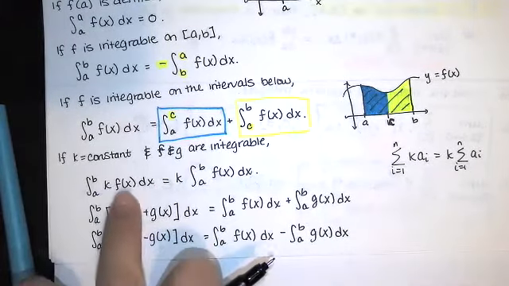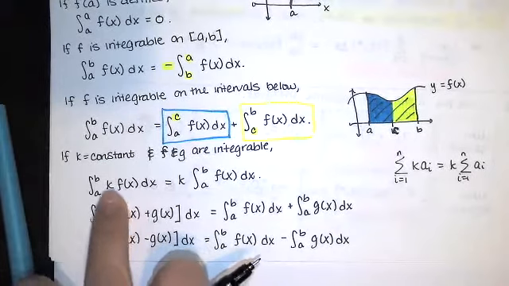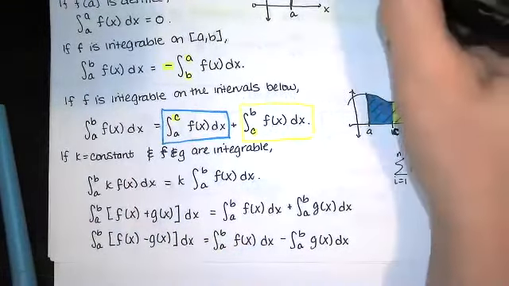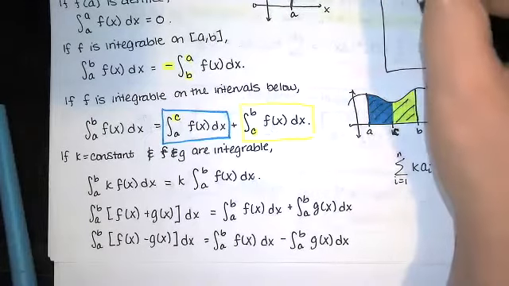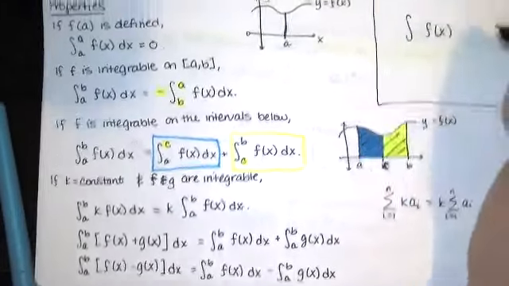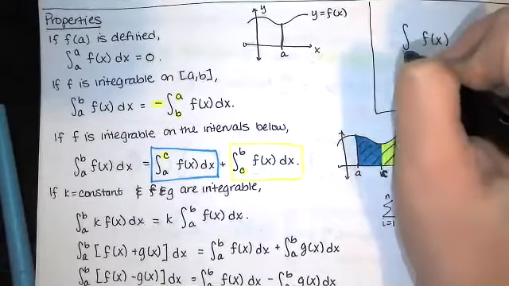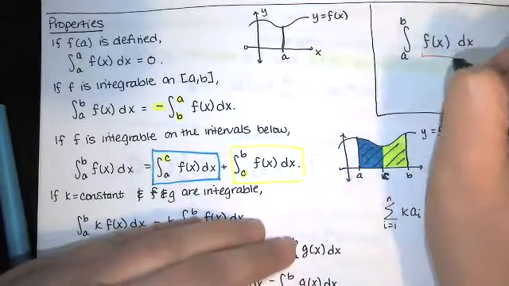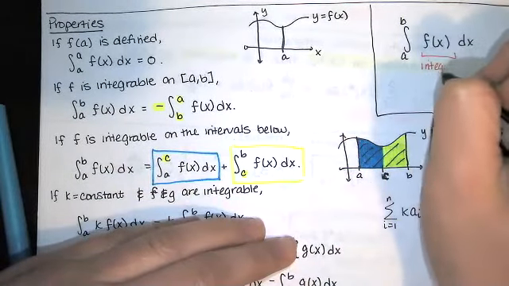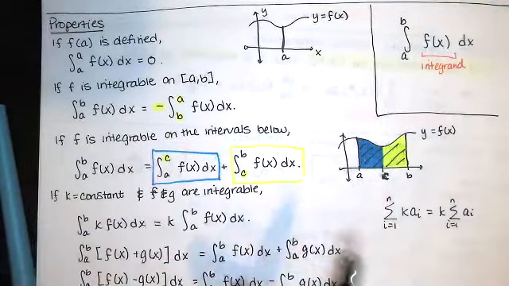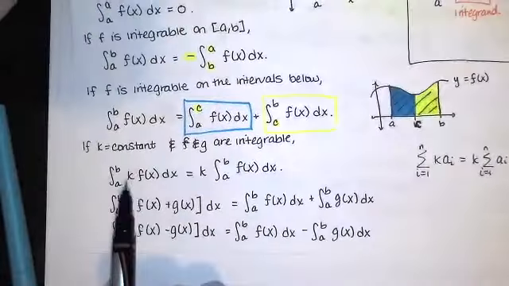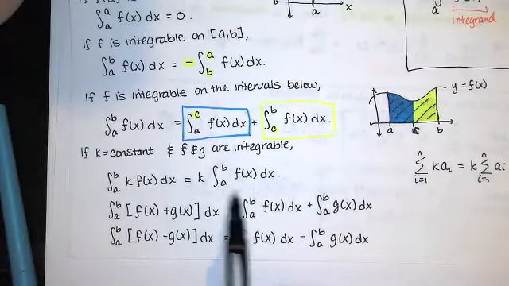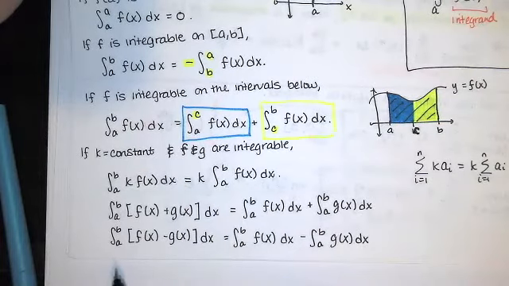So if you have a constant times f of x in your integral here, the function inside is called the integrand. If you've got a k inside your integrand, you can take that out, and you'll just have k times that integral from a to b of f of x dx.